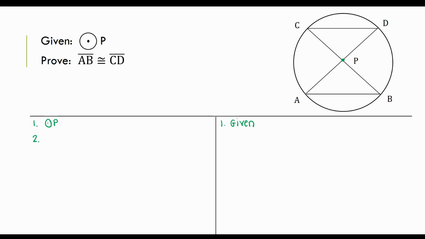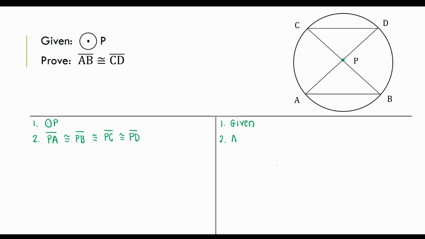Notice that from P to A, there's a segment. That's a radius. From P to B, that's a segment, another radius. P to D is a radius. P to C is a radius. And like we just talked about, all radii of a circle are congruent. So I can say that the segment PA is congruent to the segment PB, which is congruent to the segment PC, which is congruent to the segment PD.